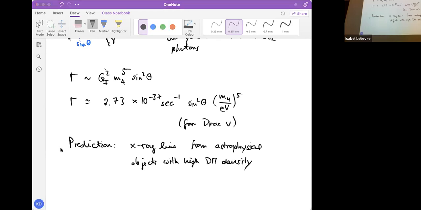Okay, now, and this is the point where I think it makes sense that I show you some plots. So let me switch the setup a little bit.